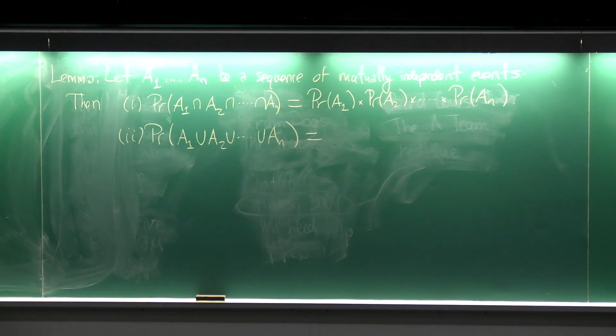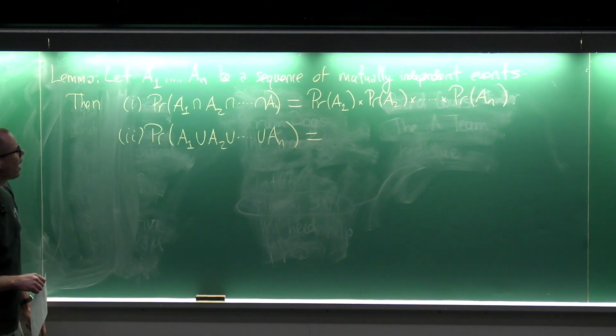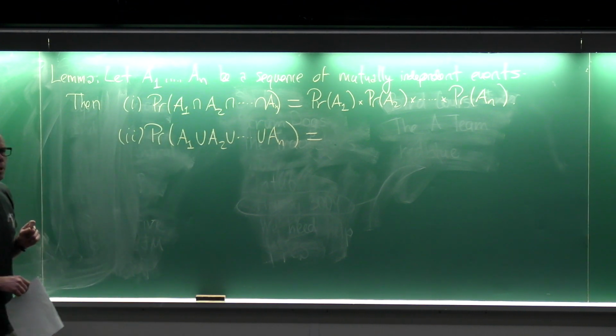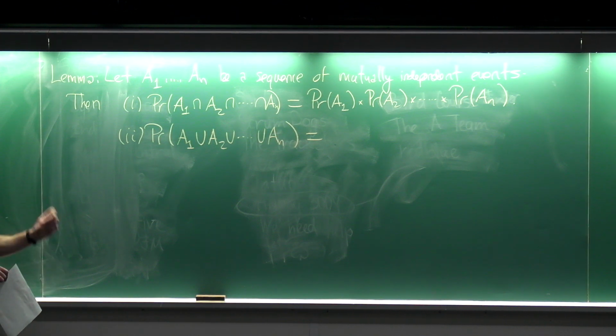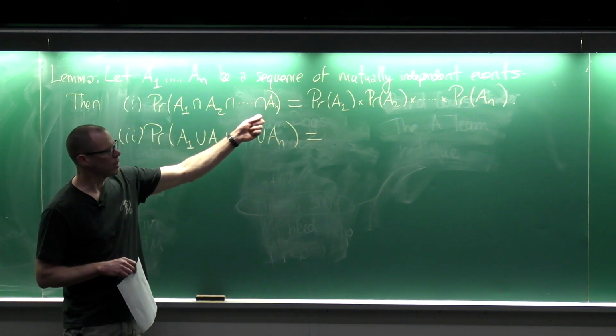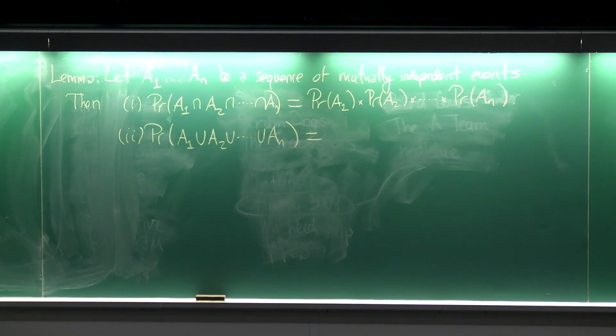Well, the definition of mutual independence says that if I take any subset of these n events and ask what the probability is that all the events in that subset happen, it's just the product of their individual probabilities. So this is a very special case where the subset I'm interested in is all of the events, the full set.